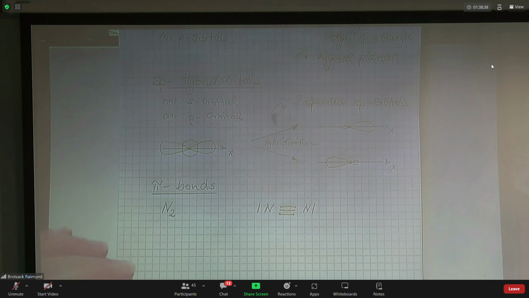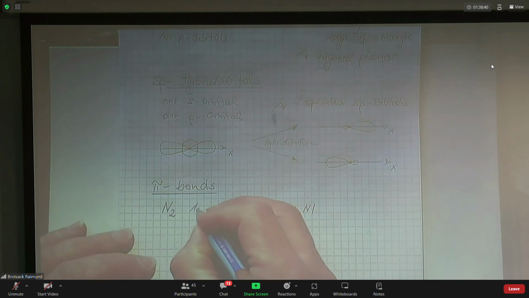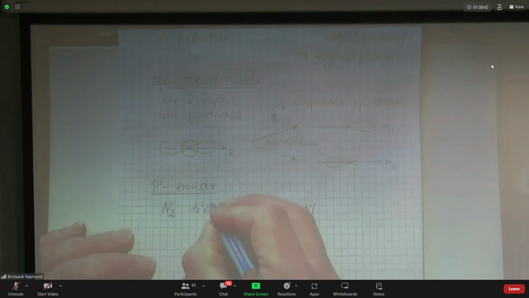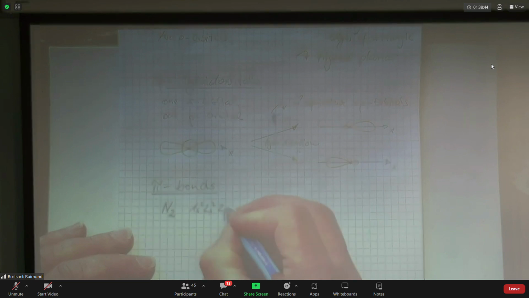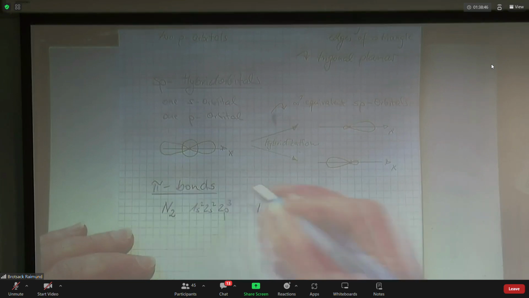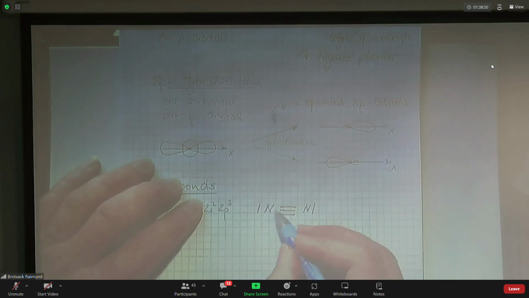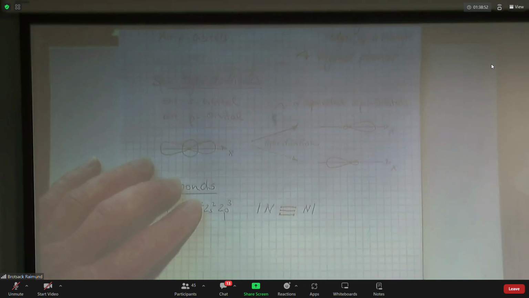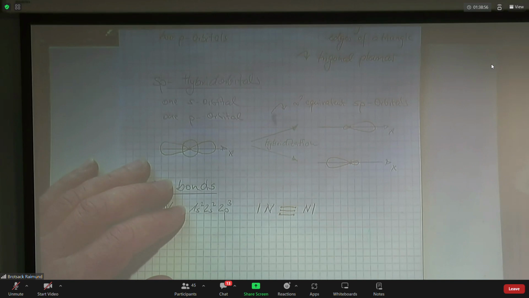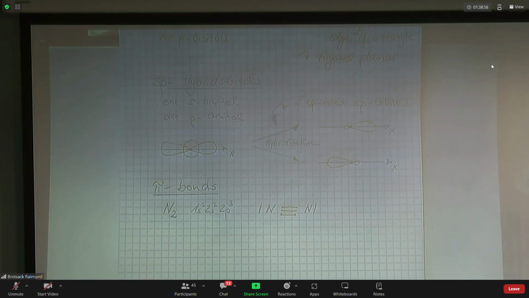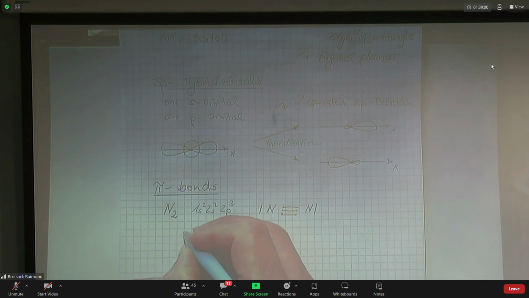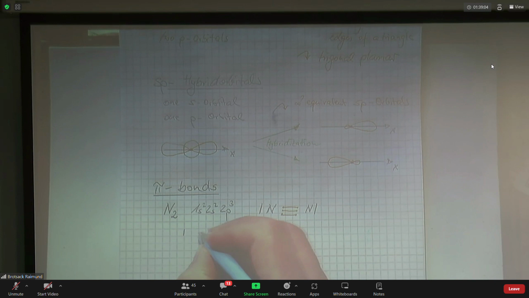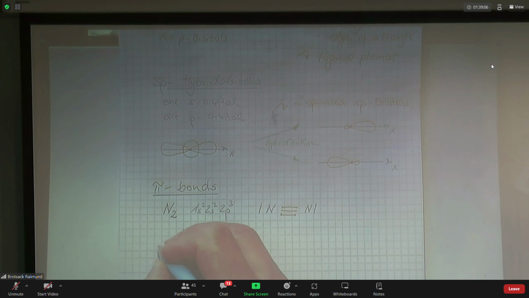Why? Because we have this atomic structure, 1s2, 2s2, and 2p3. In total, in the outer shell, 5 electrons, 1, 2, 3, 4, 5. When we look at this structure, let's draw it in the energetic levels.